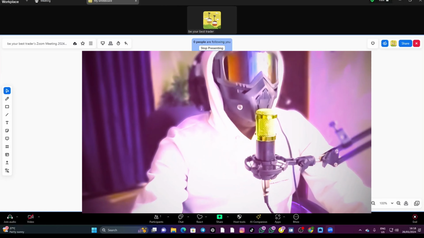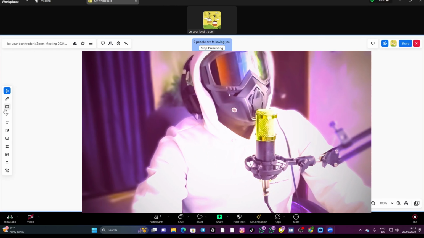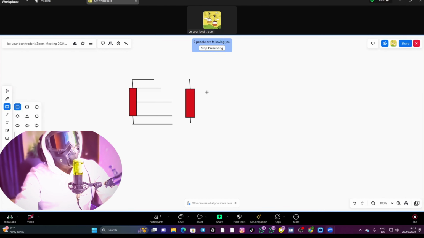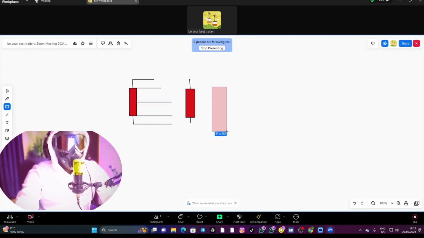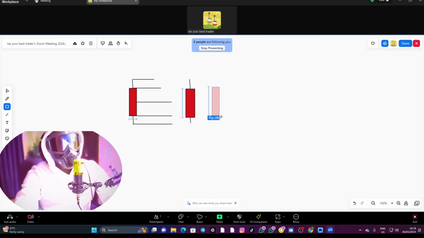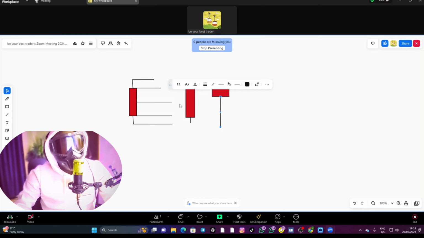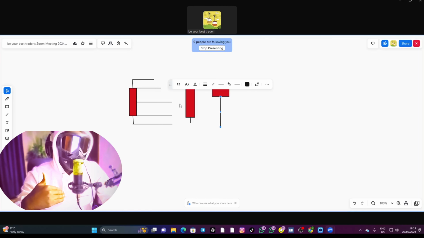The wicks show us a rejection. If you're having a sell candle, it pushes down, but as time goes on, that candle gets rejected like that. When it is rejected, it leaves us with this bottom wick, and that bottom wick shows us that this candle was once down, but what happened?